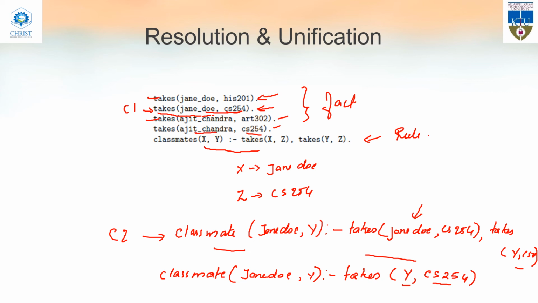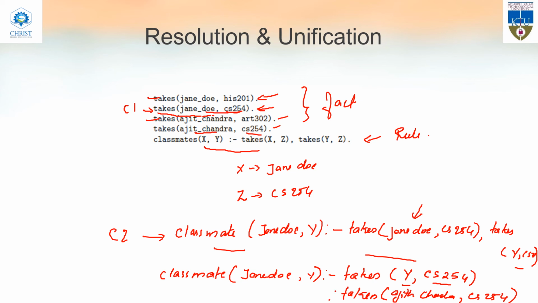That means this can be unified: Y is unified with the value Ajit Chandra. So this is the same as takes(Ajit Chandra, CS254). Clear? That is called unification. You just match with the value. The two rules are that a constant cannot change its value, but a variable can take any value.